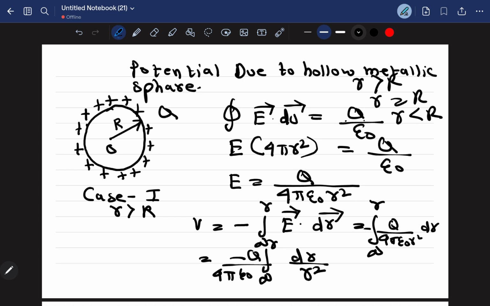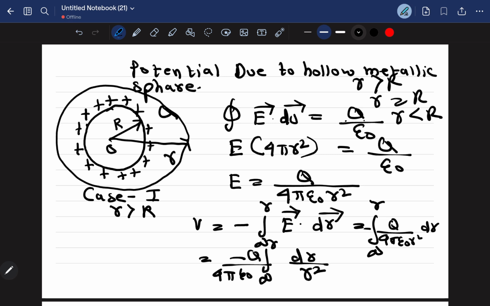These are the three conditions. As we know, we are applying Gauss's law: closed integration E dot ds equals q by epsilon naught. Now we consider a Gaussian surface at distance r, which is greater than capital R, a sphere or shell at distance r from the center. The surface area will be 4 pi r square.